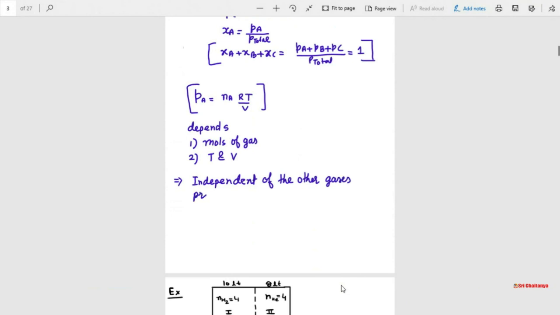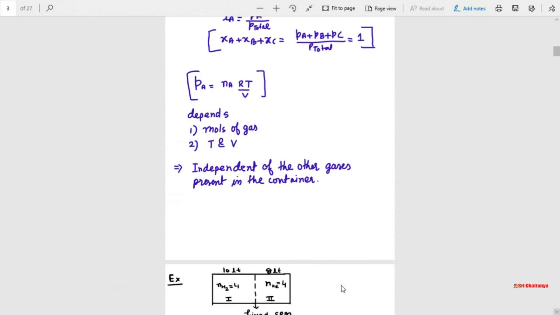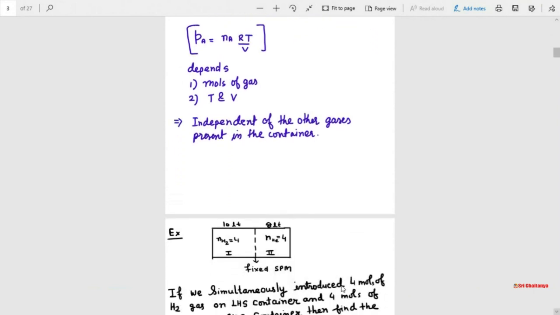Suppose there are three gases A, B, C. If I increase the number of moles of gas A, there is an increase in the partial pressure of A, but there is no effect on the partial pressure of gases B and C. So it only depends on the number of moles of that gas and the temperature and volume of the container in which the gas is present.